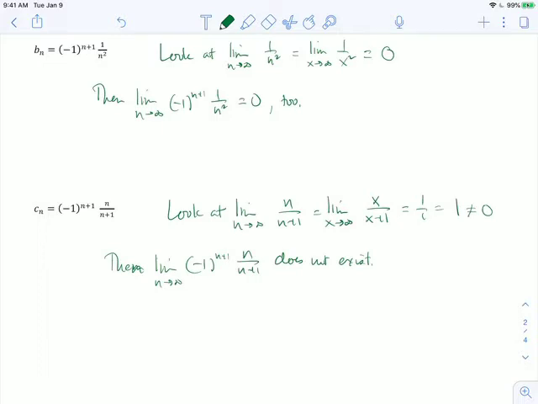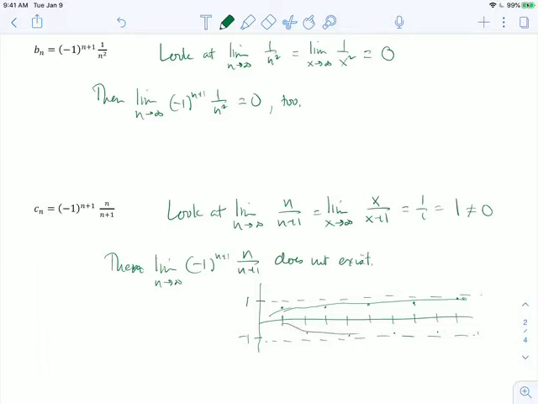If I were to try to draw something here, and this is going to be a very crude, rough diagram, then I'm starting off, and I'm alternating signs, and as n gets bigger, my terms up here are approaching +1.